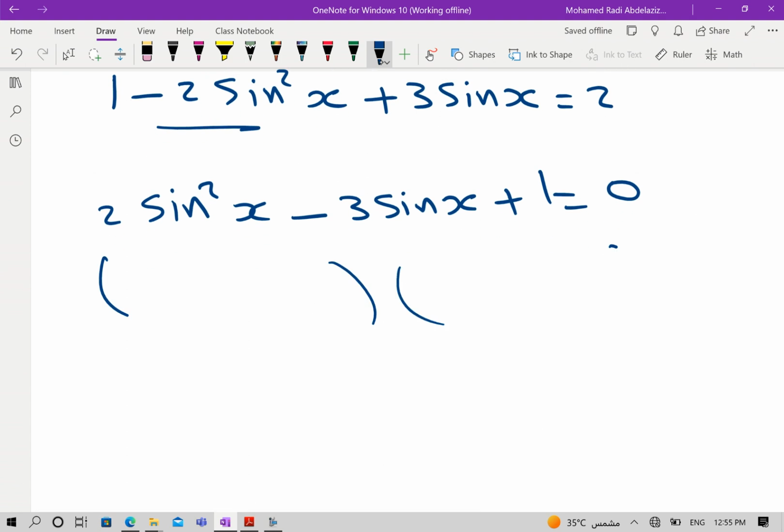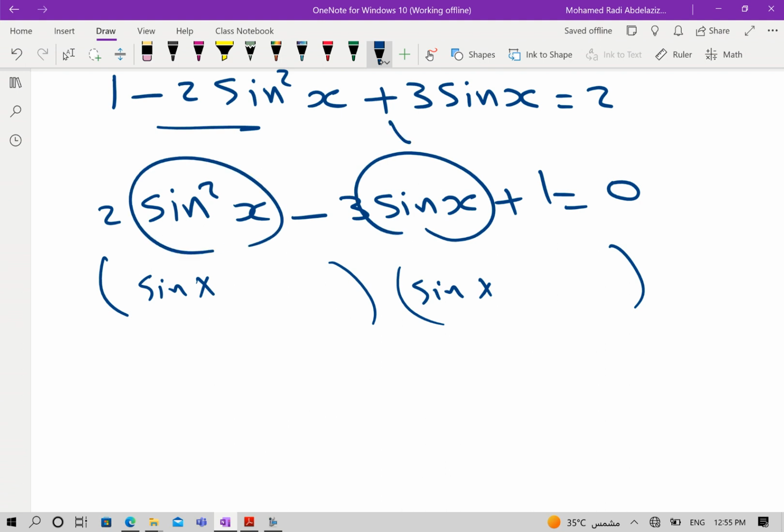Solve it by factorization if it is possible. For sine x, as you said, we can replace sine x with u and write u squared. Solve the quadratic equation and get the two values. If it is okay for factorization, use it; if not, use the quadratic formula: negative b plus or minus the square root of b squared minus 4ac, divided by 2a.